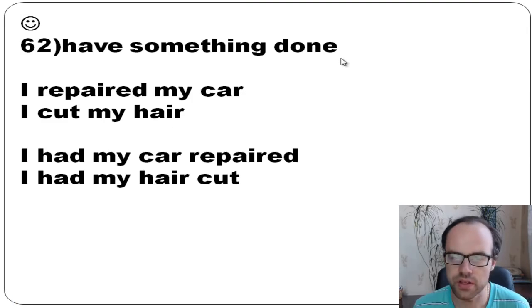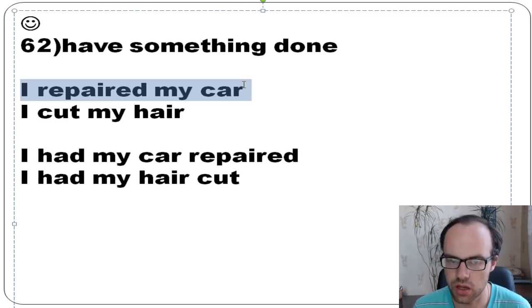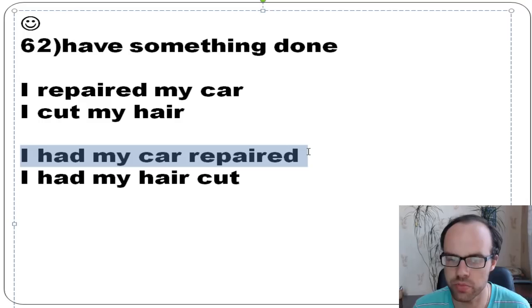Well, have something done. Please look at these sentences. I repaired my car. If you say I repaired my car, it means that you repaired it with your hands. But I think that's not true, and you need to say I had my car repaired.